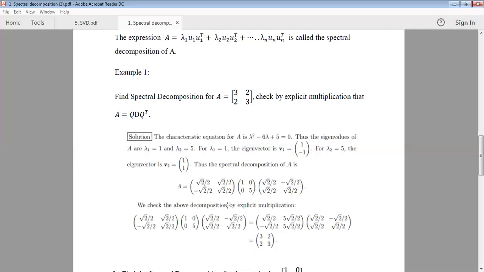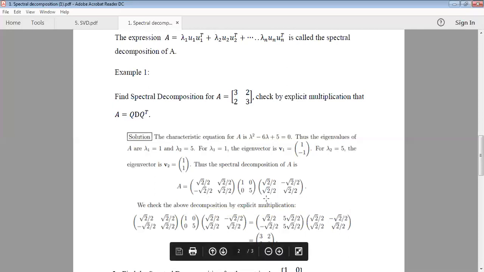Now we are checking whether the multiplication of these three matrices will give matrix A or not. So find the product of these three matrices: root 2 by 2, root 2 by 2, minus root 2 by 2, root 2 by 2, times 1 0, 0 5, times root 2 by 2, minus root 2 by 2, root 2 by 2, root 2 by 2.